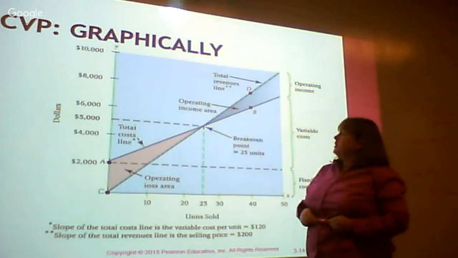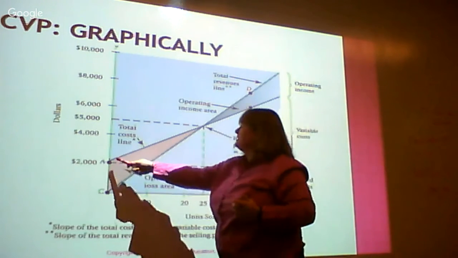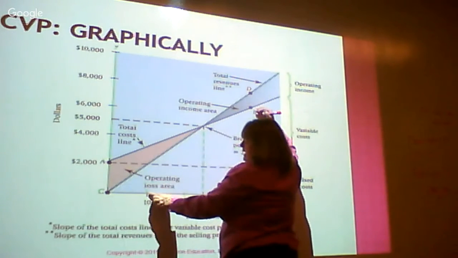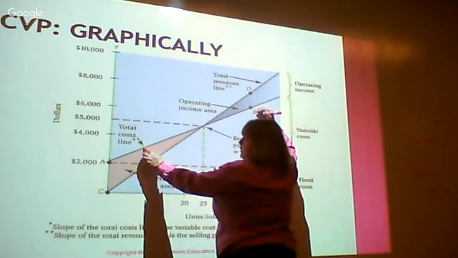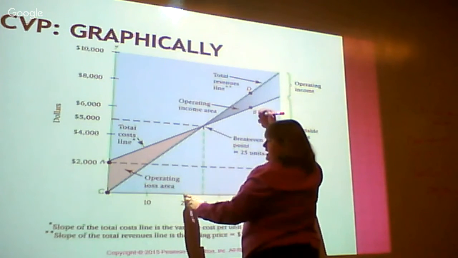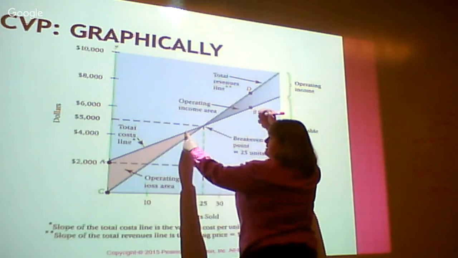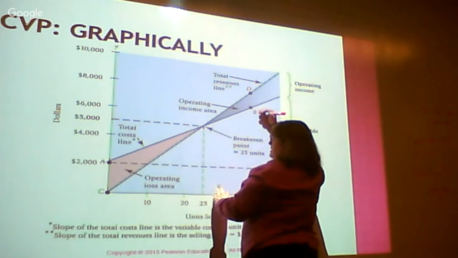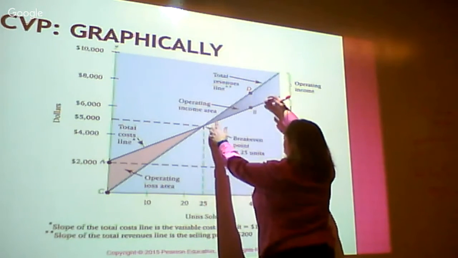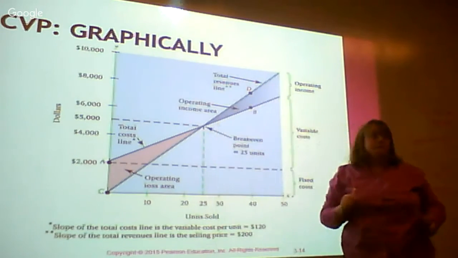Now, we also put over that graph the cost graph. So if I have 10 units, I'm going to be probably about 3,000. If I have 20 units, I'm going a little bit higher than about 4,000. Okay? What happens here? The cost line goes below the revenue line.